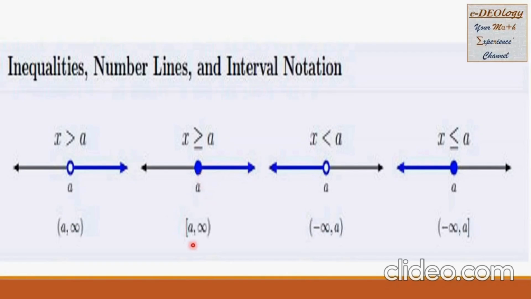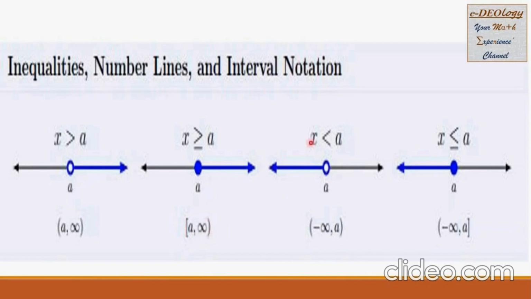For the interval notation, we copy the a and the infinity, and we use the square bracket for the a, which means a is part of the solution, and after the infinity, we put the parenthesis, because for the infinity, again, we always use parentheses.